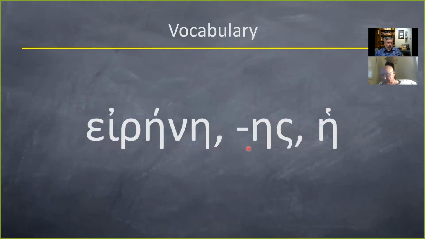Eirēnē, hēs, or eirēnē, eirēnēs, hē. Again, here's the feminine stem ending with no case ending, so it's nominative singular feminine, eirēnē. There's my feminine article, hē, and there's a feminine genitive, eirēnēs, and it means peace.